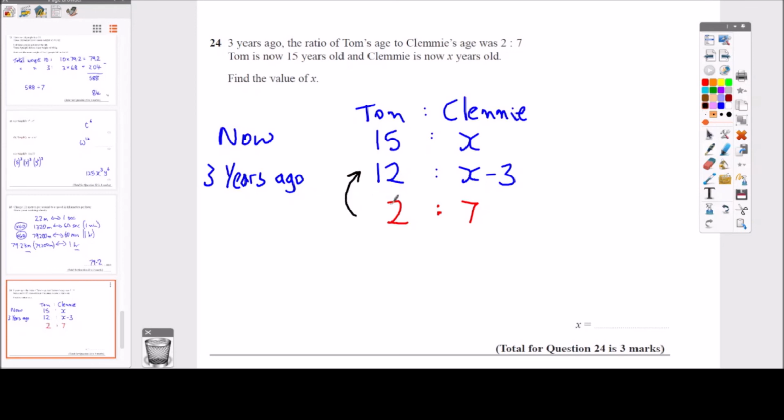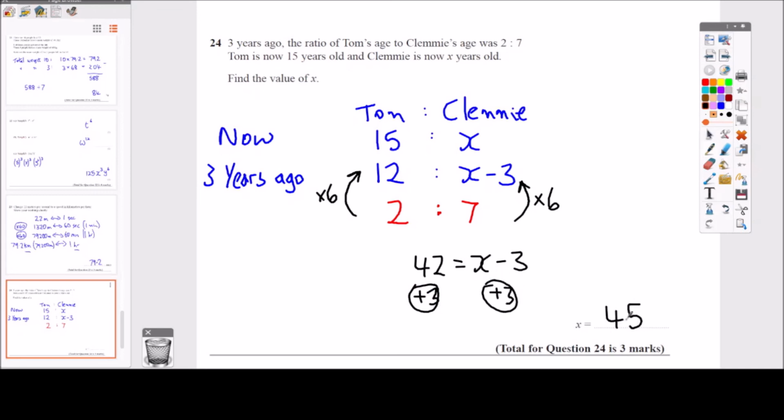Tom's age is to go from 2 to 12, we're multiplying by 6. So similarly over here, we've got to multiply by 6 for Clemmy. 7 times 6 is 42. So 42 is going to equal X minus 3. Adding 3 to both sides, we get X being 45 years old. That's difficult, I think.